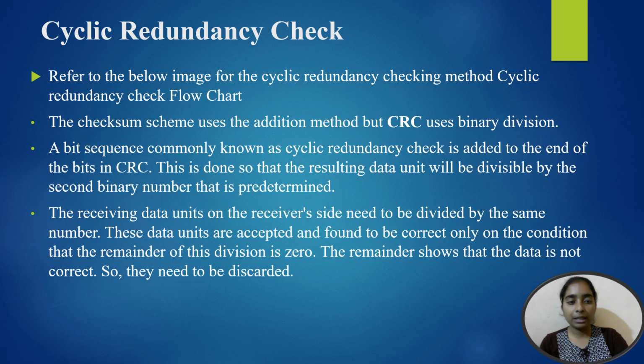The receiving data unit needs to be divided by the same number. These data units are accepted as correct only if the remainder of this division is 0, and a non-zero remainder shows the data is not correct, so they need to be discarded.